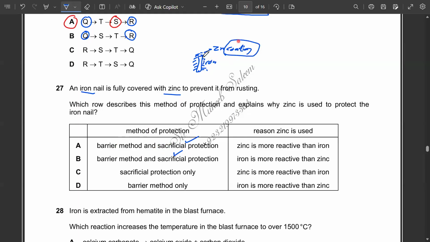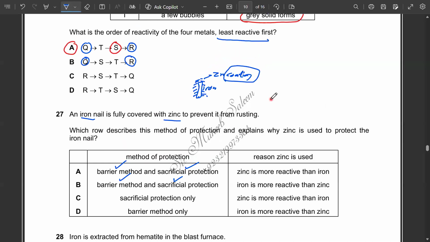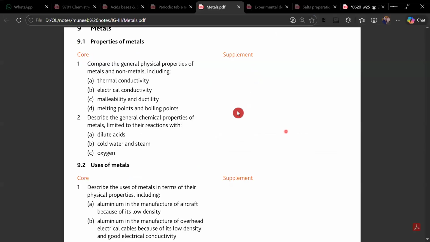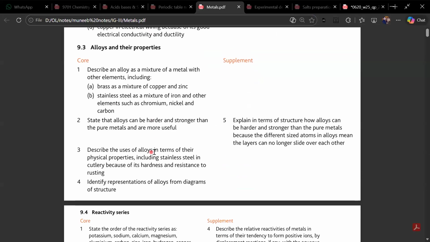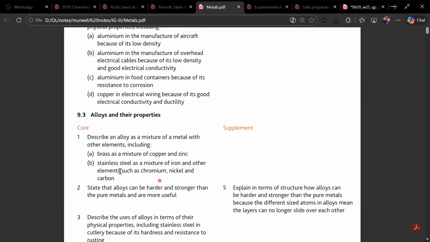When there is a coating, there is basically a barrier formed between the two metals, zinc and iron, so it is also called the barrier method. We did not actually study this in detail, but you can have this knowledge from the first page of the metals chapter. When we learn this chapter, you just go through all these lines, all these words.